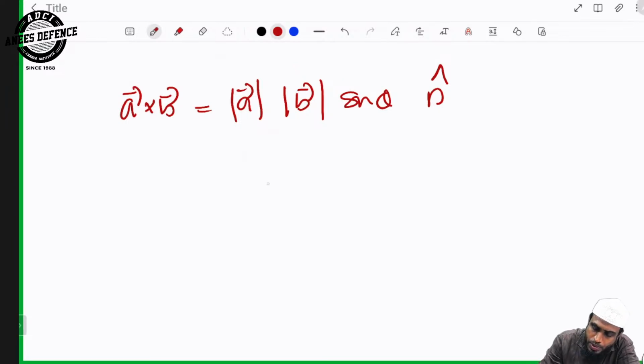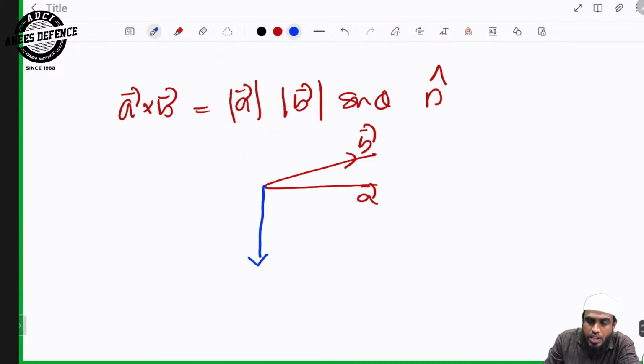If this is A and this is B, n cap is a unit vector along the direction that is perpendicular to both A and B.